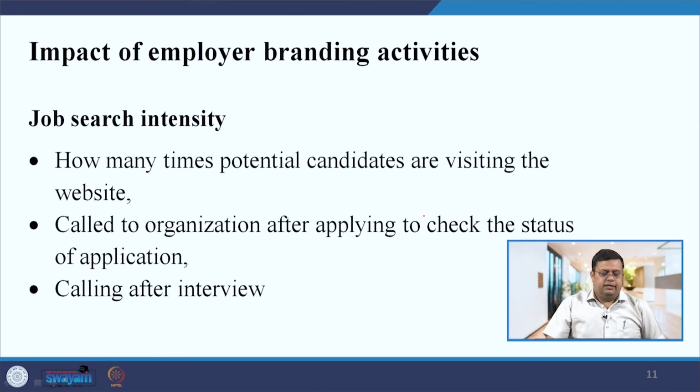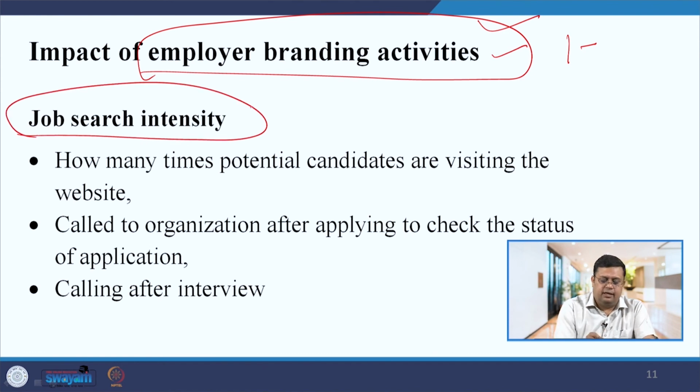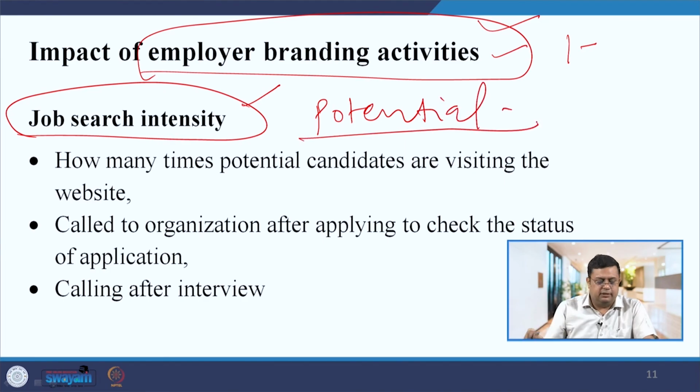And one more thing that you can see, which I like very much: after doing this employer branding activity for 1 year, just check the job search intensity among potential candidates. How can you check it?